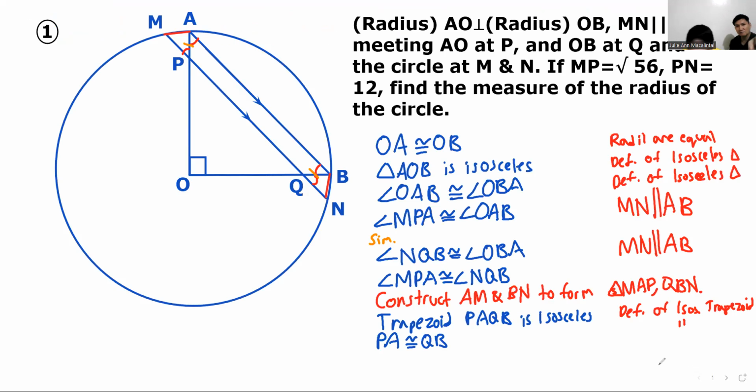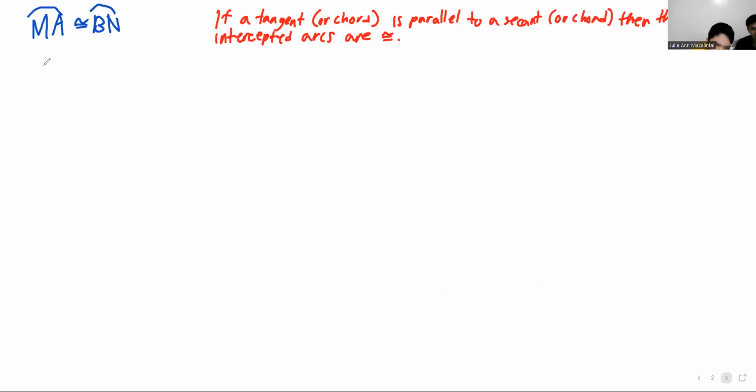So arc AM is congruent to arc BN. Arc AB is congruent to itself, obviously, by the reflexive property of congruence.